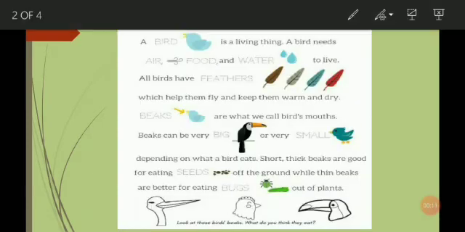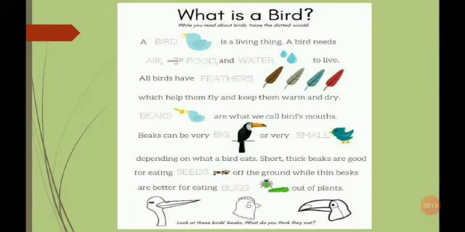Now, children, here is some activity by which we can understand more about birds. First, we will do a quick revision about birds. A bird is a living thing. A bird needs air, food, and water to live.